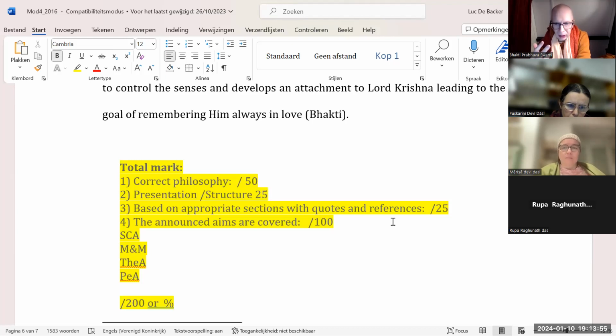It's a maximum mark of 25 for each of these aims. In total, 100 marks. Right?